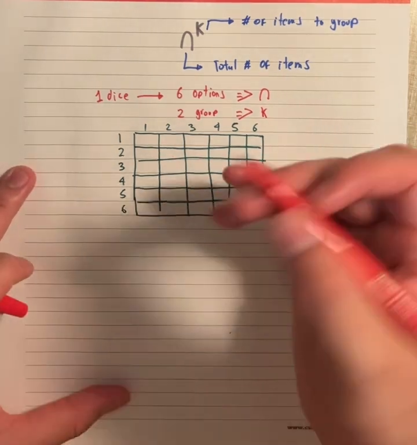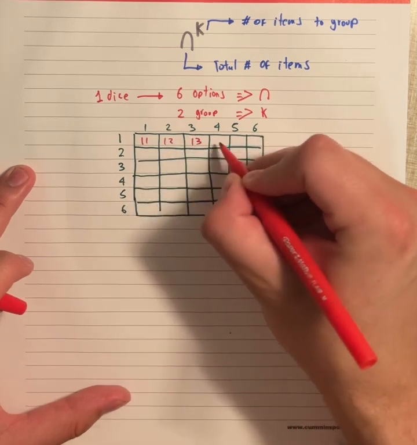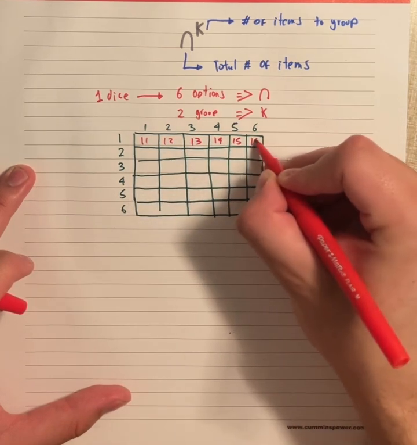Let's say I throw the dice twice, I'll get 1 1, 1 2, 1 3, and so on and so forth.